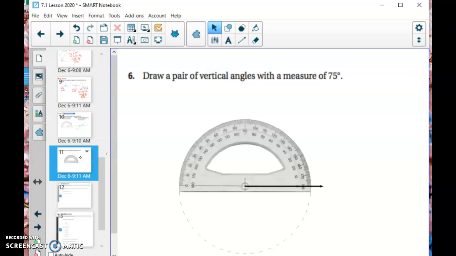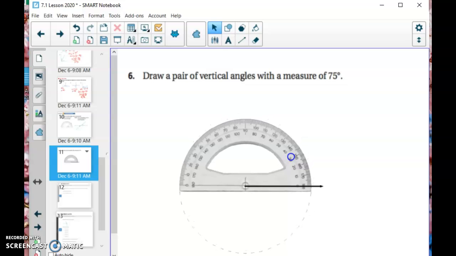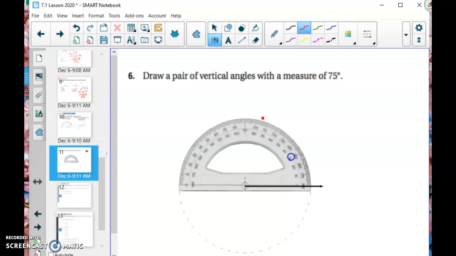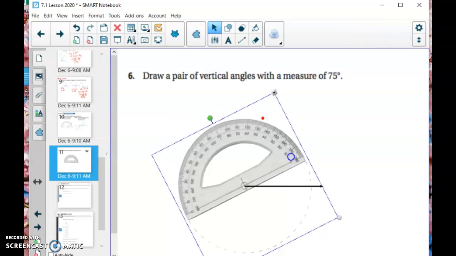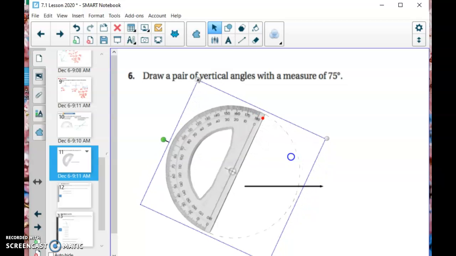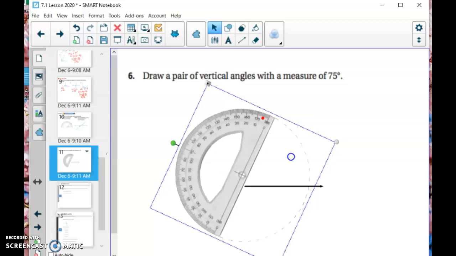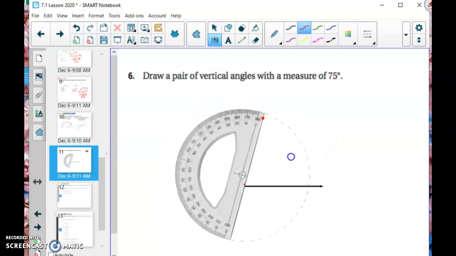Alright, to show you how we do that, I have a line drawn here with my protractor. I just used my protractor, drew a straight line. Then I lined up my vertex in the crosshairs, and now I'm going to use my protractor to measure 75 degrees, which is about right there. So then I use my protractor as a straight edge, and I line it up so that I can draw a straight line from that spot right there where I marked 75 degrees, like that.